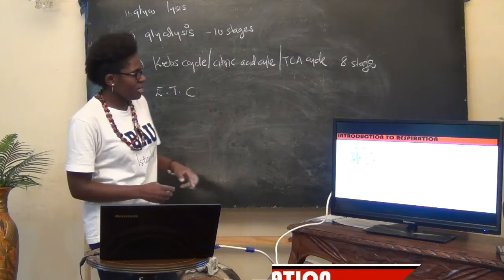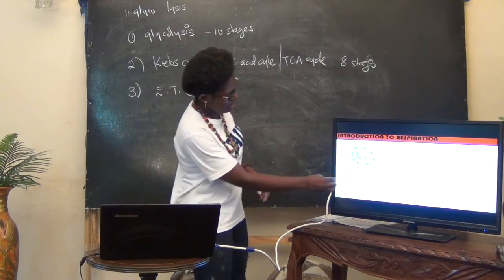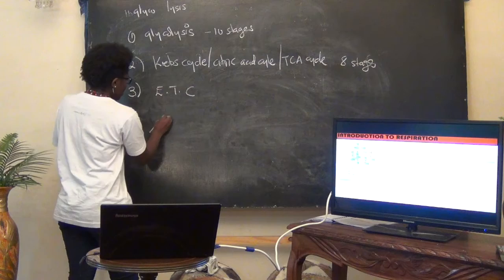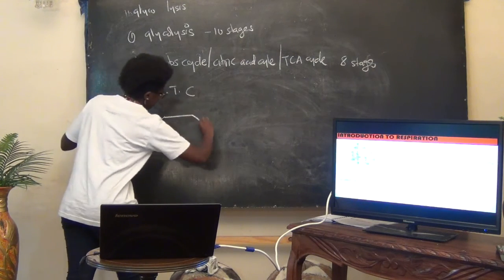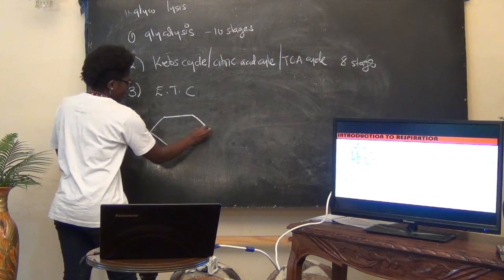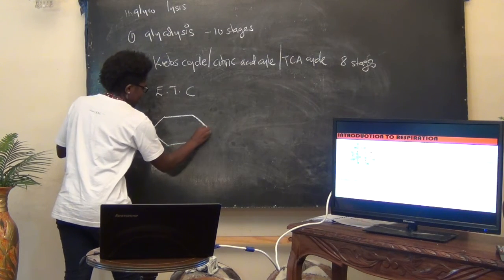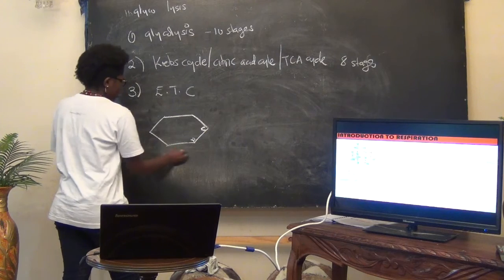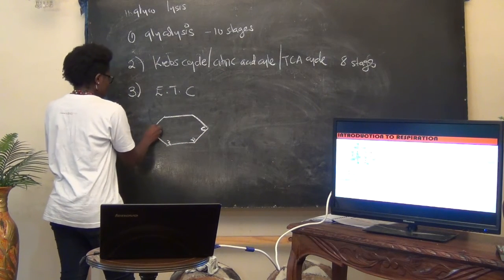So you'll understand that the first carbon is located here. Hexose, meaning 6. So here we are. This is our glucose molecule right here. So what we have here is our carbon number 1. This is carbon number 2. This is carbon number 3. This is carbon number 4.